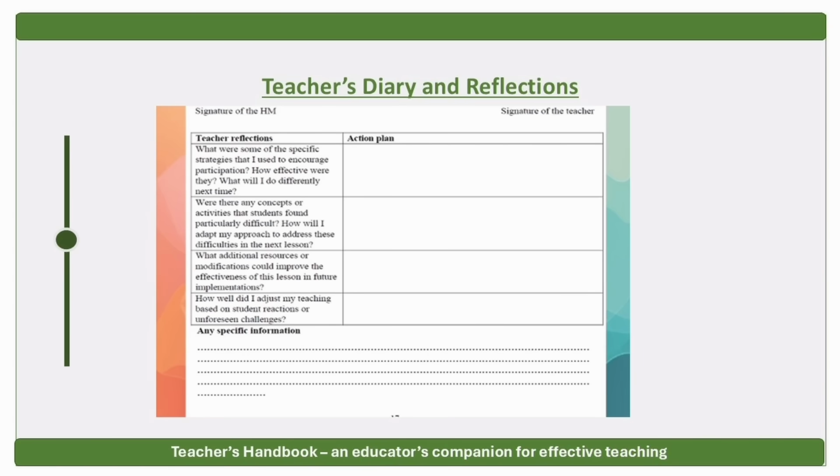So for all these aspects we have to come up with some action plan that should be recorded here in this teacher reflections table, and then any specific information related to the lesson we can write.